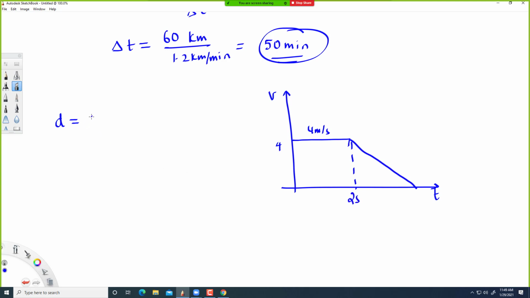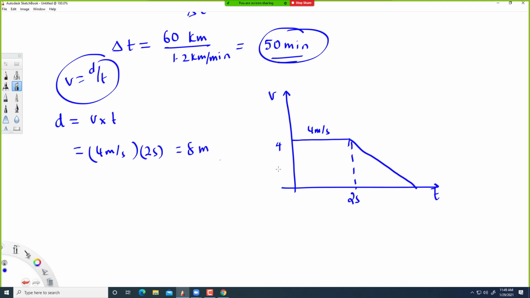So the distance traveled within that time, since this is a constant motion, velocity is distance over time, so distance is velocity times time. Velocity is 4 meters per second, time is 2 seconds. So 8 meters.